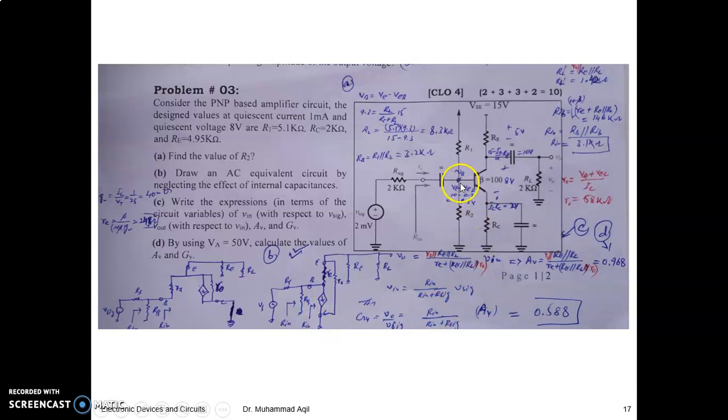At the base you have R1 and R2 in parallel, so you can write RB, the parallel combination of R1 and R2. That's why they found it here. So RB, and then R signal and V signal. How about the emitter? You have RE to ground and RL to ground.